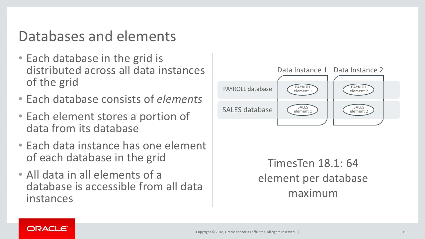Each of those elements stores a portion of the data from its database, and we'll talk more about what portion that is. And again, the point is all the data in a database is accessible from everywhere, regardless of which element it's actually stored in. In TimesTen 18.1, the maximum number of elements per database is 64.